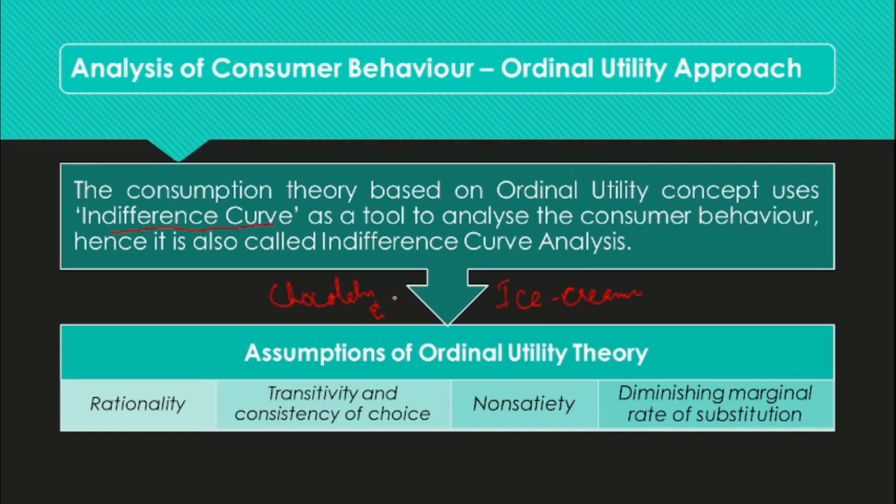So, ordinal utility says that we do not know how many utils the consumer is getting from consuming every unit of chocolate or ice cream, but we can always ask a consumer whether he prefers chocolate over ice cream or ice cream over chocolate. A consumer can very easily rank according to his particular taste and preference, saying that I would prefer chocolate more than ice cream.